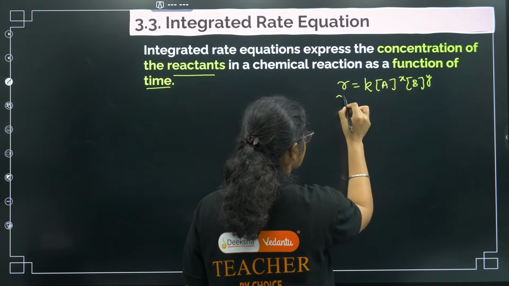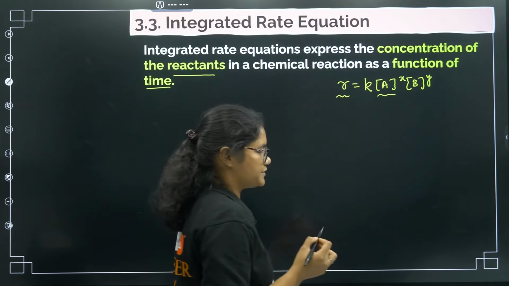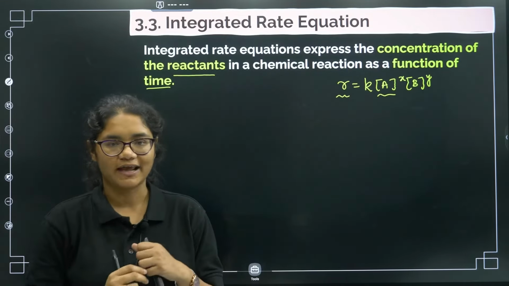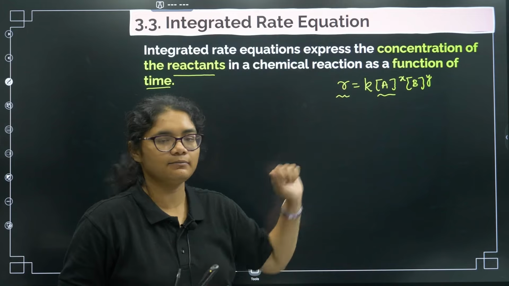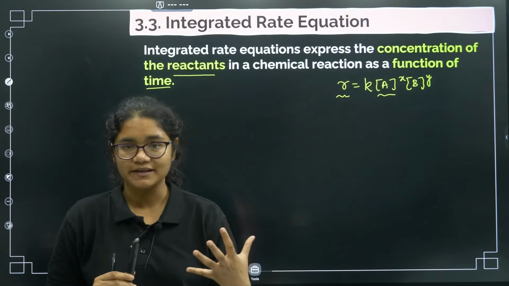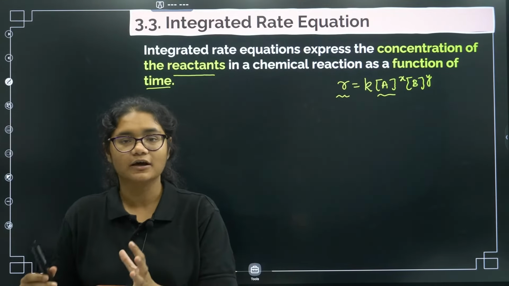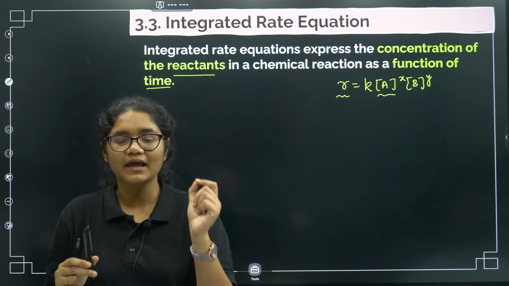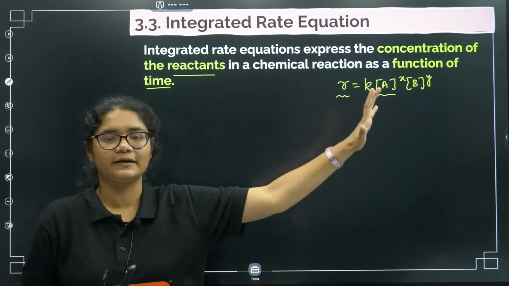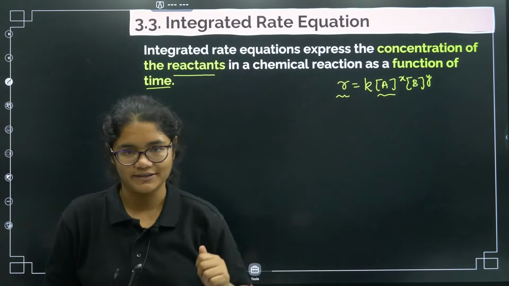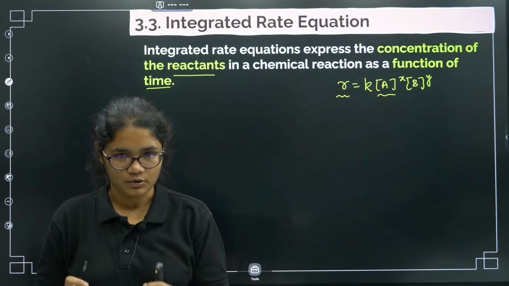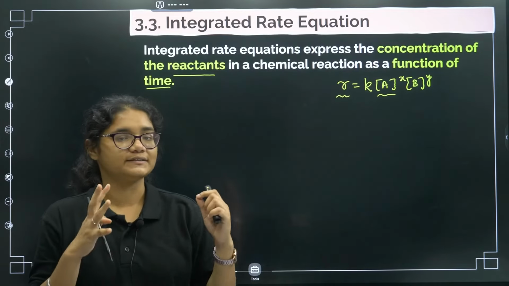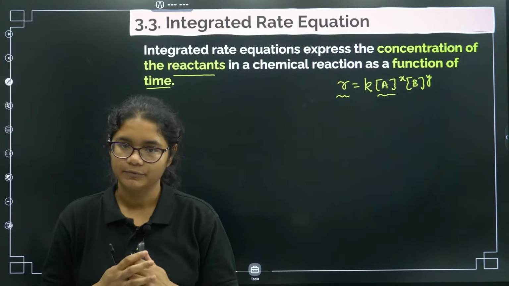It is telling you the relation between rate and concentration, but there is no involvement of time here. So if I want to express rate also using time as a function, time should also be considered, then we have to talk about the integrated rate equation.